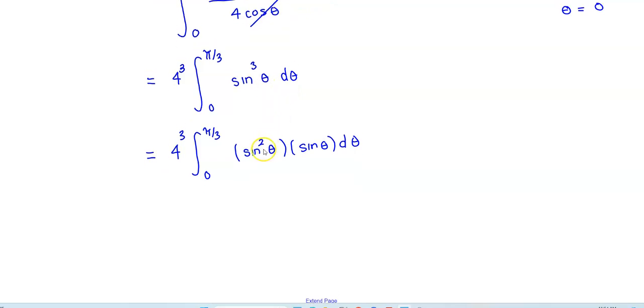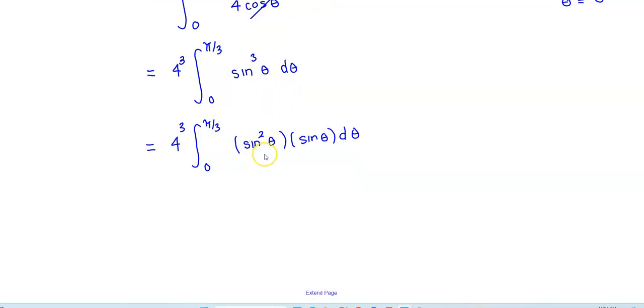And so what do we know about the sine squared theta? Well, we know the trig identity that sine squared theta is 1 minus cosine squared theta. So 4 cubed going from 0 to pi over 3 of 1 minus cosine squared theta times the sine of theta d theta.